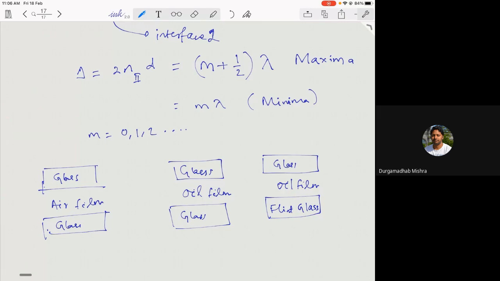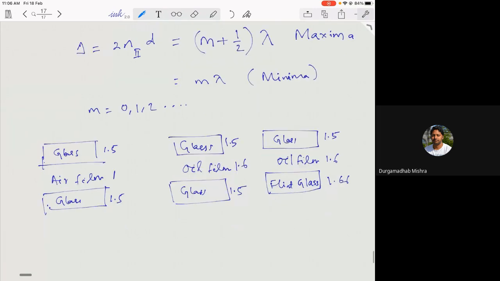So I will write the refractive index here, 1.5. Air we assume is 1. This is 1.5. So here the refractive index is 1.5, 1.5. This is about 1.6, the oil film. Then this is 1.5, this is 1.6, and this is about 1.66.